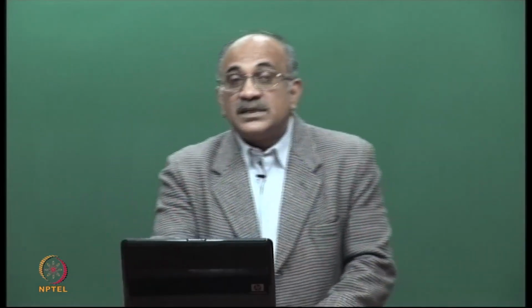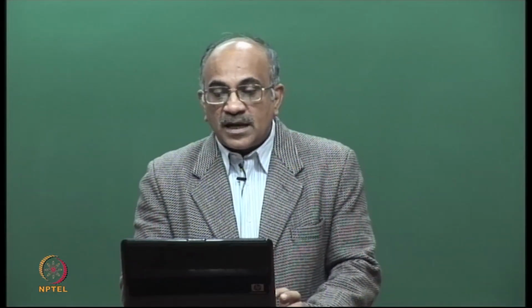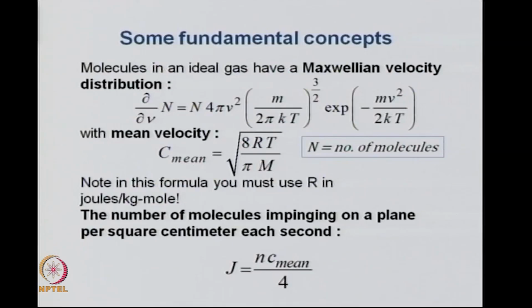Now, the next thing that we try to understand, because gas molecules will be flowing, is the velocity of these molecules. Assuming that this is an ideal gas, it will have a Maxwellian velocity distribution, and that is given by the rate of change of the number of molecules, where n is the number of molecules, with respect to velocity, that is given by this quantity.